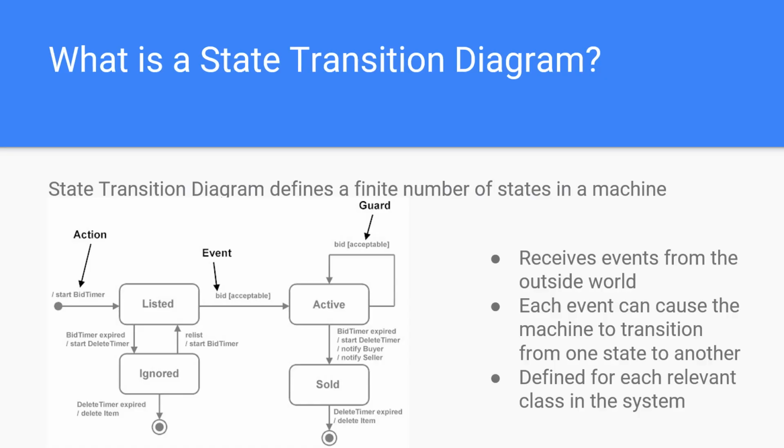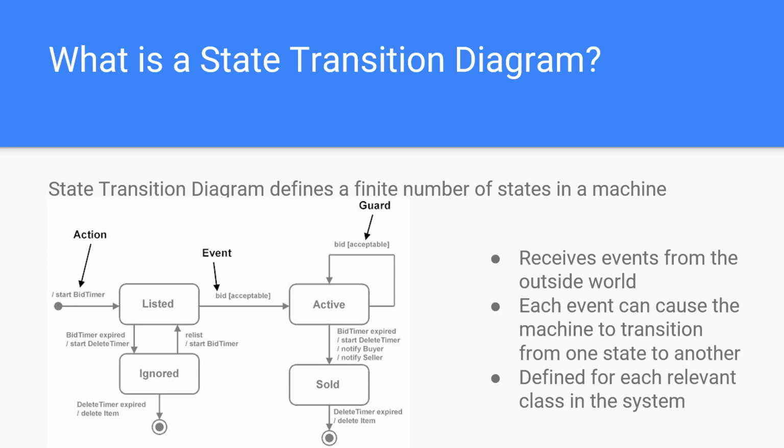What is a state transition diagram? To start us off today, we will discuss the definition of the state transition diagram. The state transition diagram is a graphical representation of a machine with a finite number of states. This particular diagram is defined for each relevant class in the system. The state transition diagram shows the possible history of a given class or object.